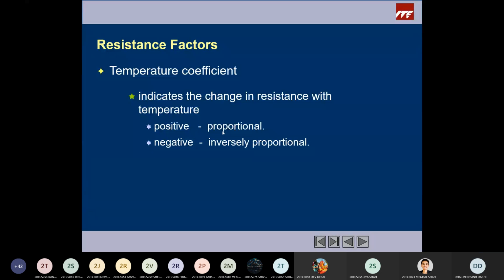It means what? As the temperature increases, the resistance of the resistor will decrease. Clear? That is inversely proportional. So temperature coefficient indicates the relation of the value of the resistor with the temperature rise or fall. So that is indicated by the coefficient.